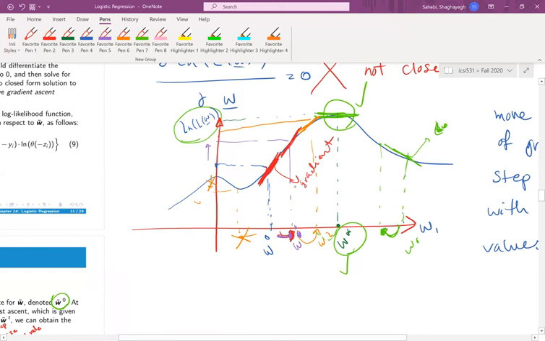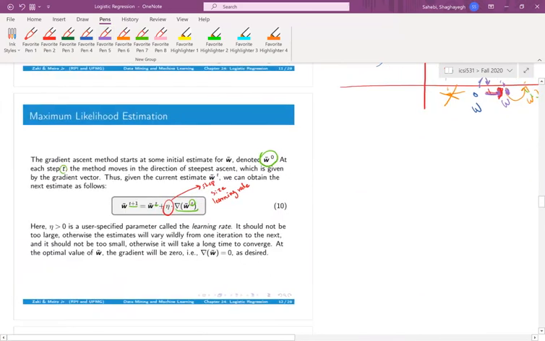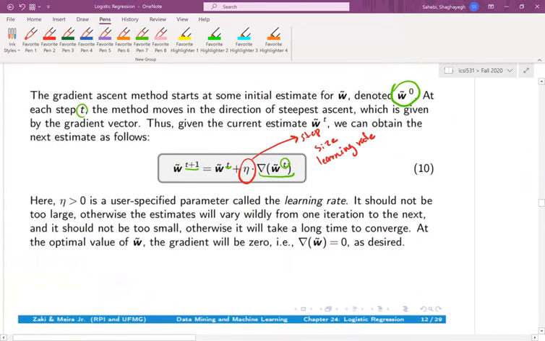I know that I have to move towards the right-hand side direction, but how big of a jump I should take? Should I take this big or should I take this big? You know, that is defined by learning rate or step size. And that is going to be defined by us.